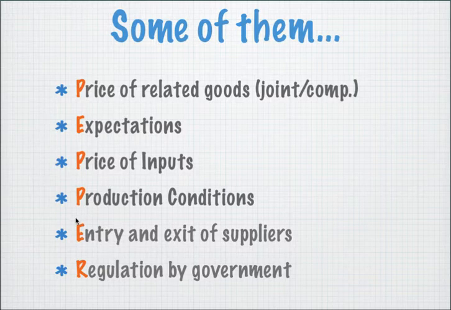Okay, the next thing is about the entry and exit of suppliers. When new firms enter and exit the market, that will affect the supply of the good in the market. Previously I was talking about the corn industry, the corn market. Imagine now if next year there are more suppliers entering the market for any particular reason.